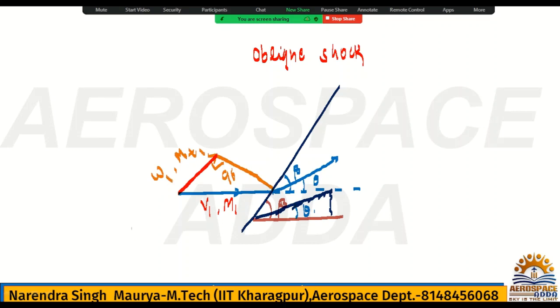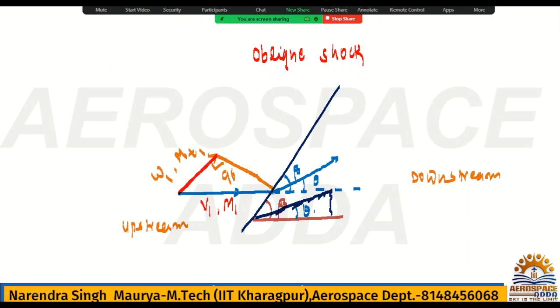Now this is about the upstream. Now this is the downstream. This downstream will also have two components, which are perpendicular and tangential. Yes or no? So how to draw that?